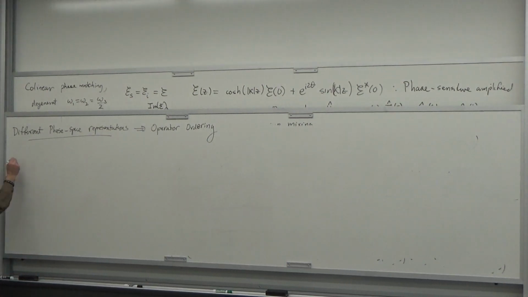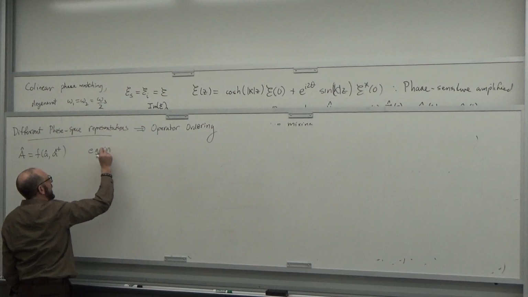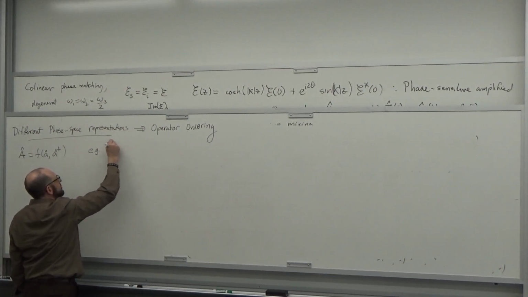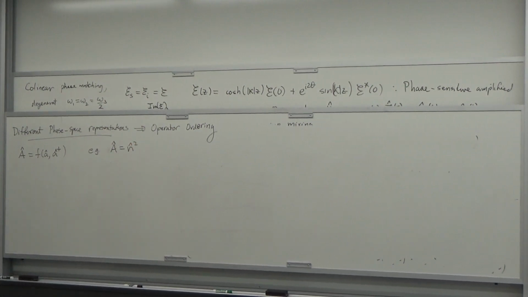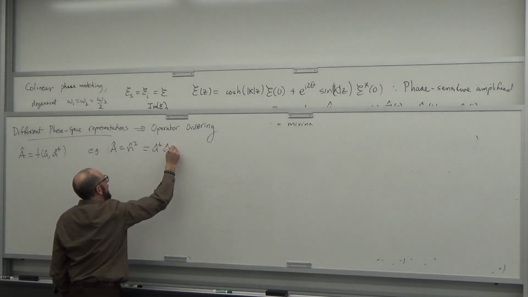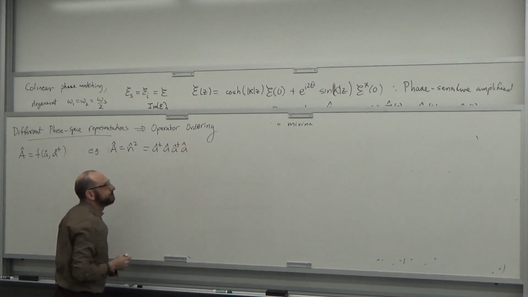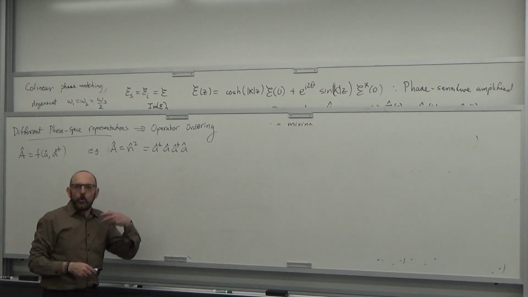Let's say I have some operator which is a function of A and A dagger. Okay? For example, n squared. N squared is A dagger A times A dagger A. Now, I could do commutators to rewrite this and normally order it.